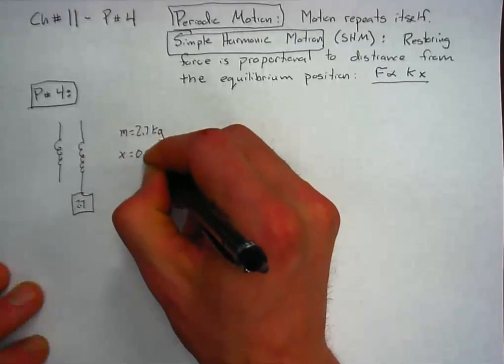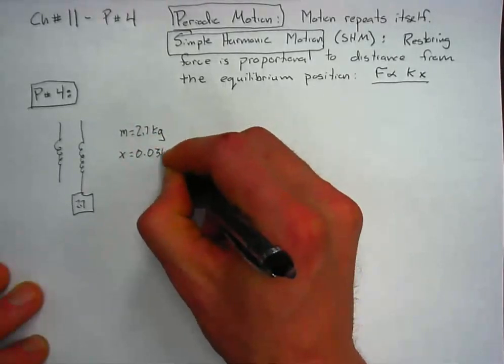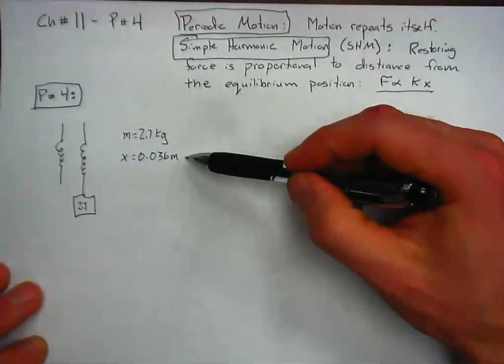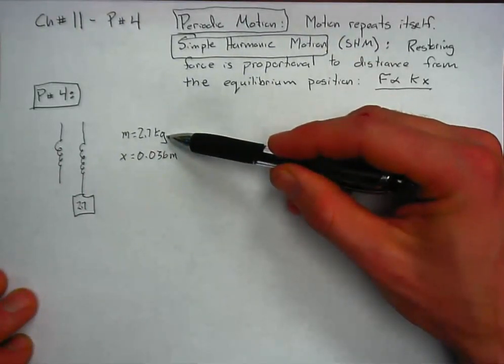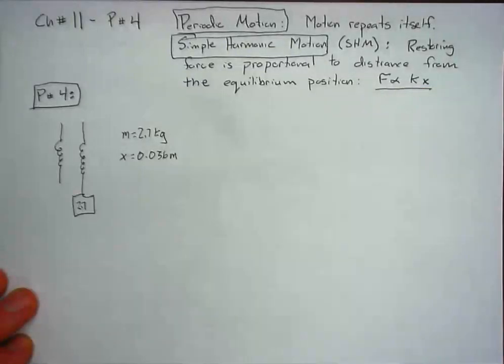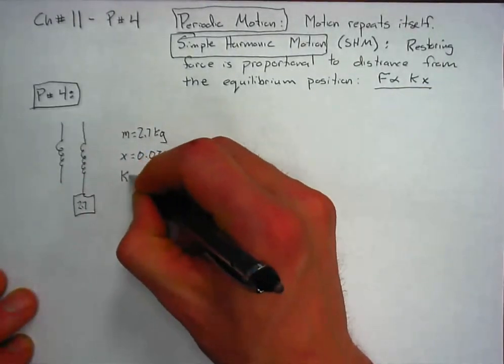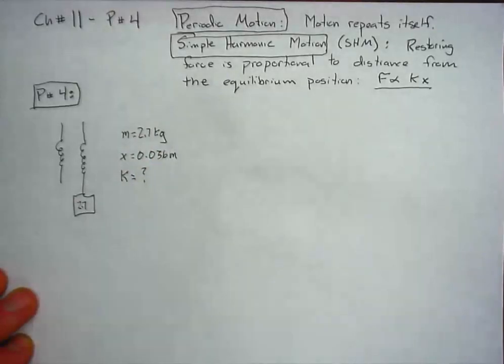So I'm going to go ahead and just convert that 3.6 centimeters to meters right away. And we know the mass is 2.7 kilograms. And then the question we need to answer is, what is the spring constant of the fisherman's spring?